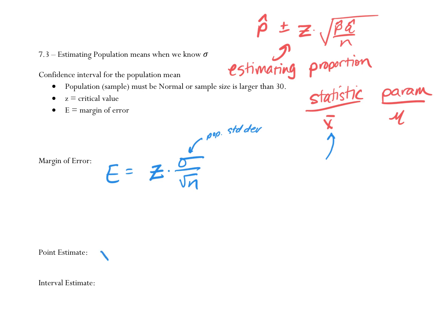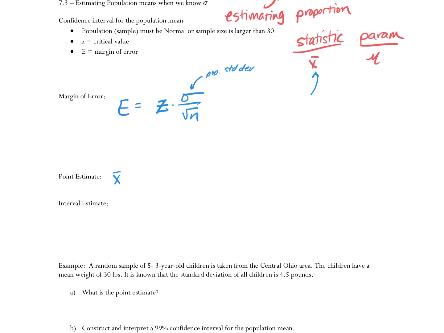So my point estimate is going to be x bar. And this is the formula that's actually on your formula sheet. My interval is going to be x bar plus or minus z times sigma over the square root of n.